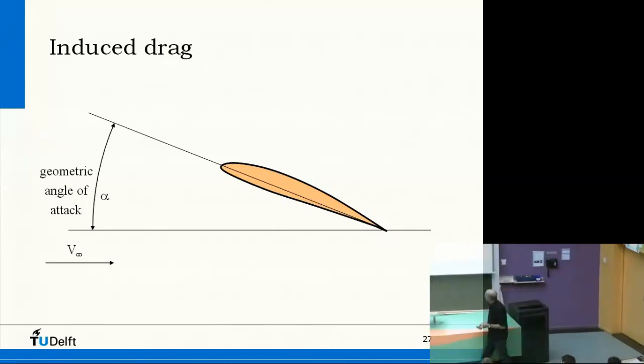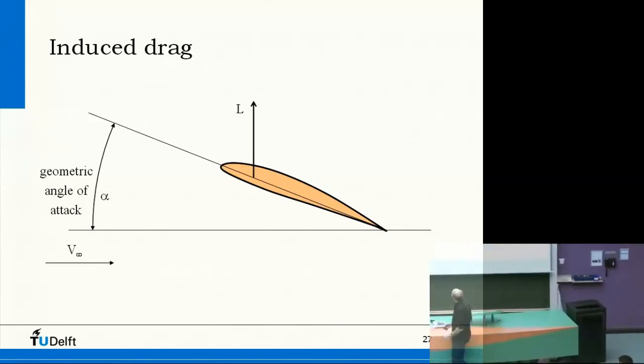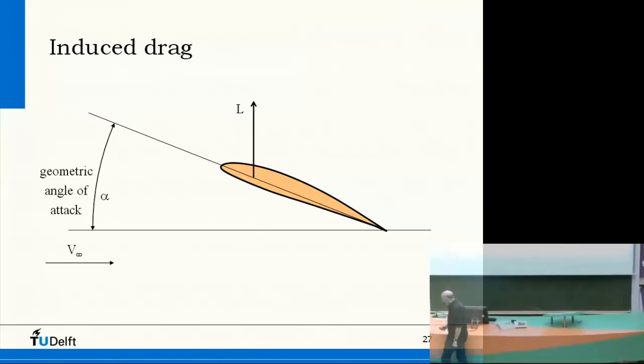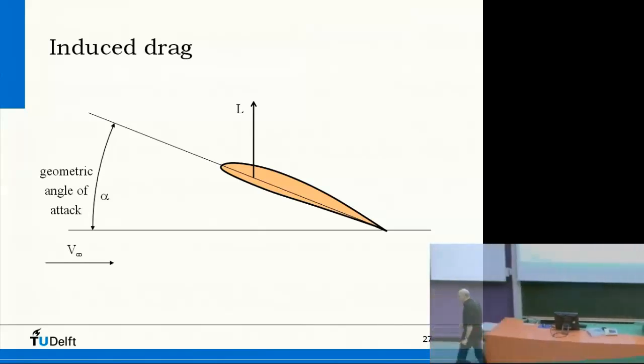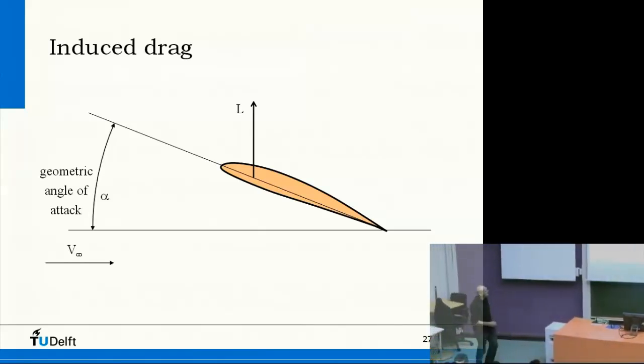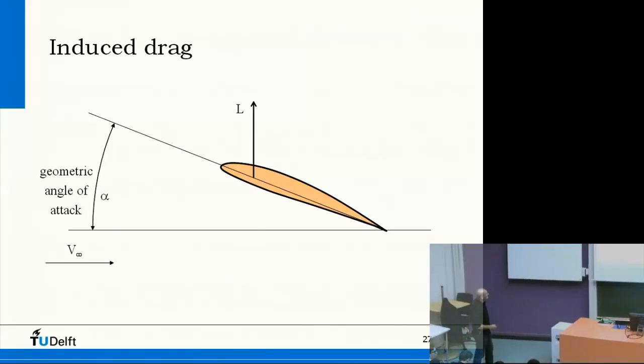By definition, the lift force is perpendicular to the velocity. So there's the lift force. And this is, again, parallel to this chord line, so this is also the angle of attack. This is the angle of attack, and this is the angle of attack.